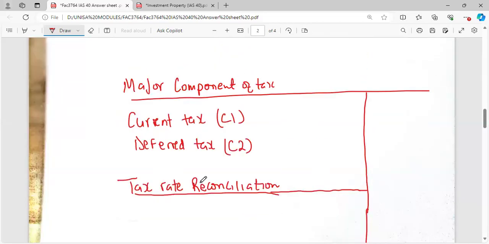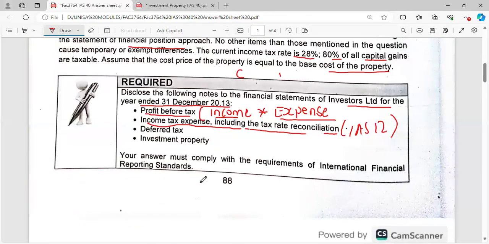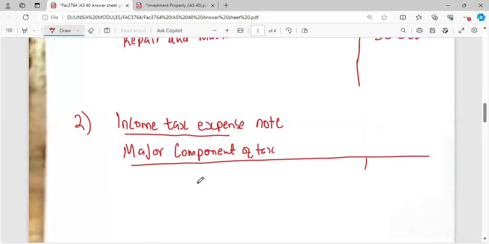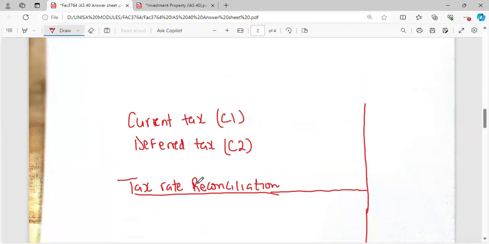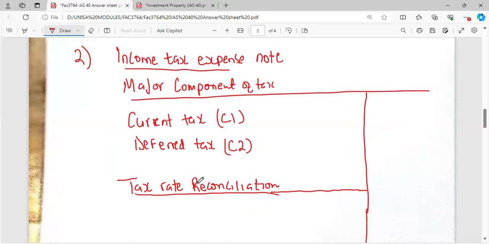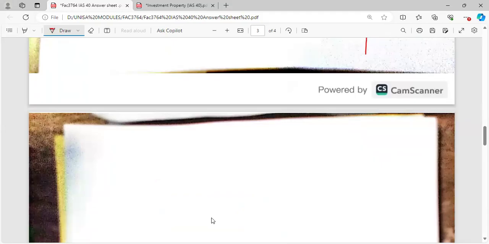We need deferred tax and investment property. Right, so let's calculate this. Then for number 2, we need deferred tax and current tax. So let's do our calculation 1.